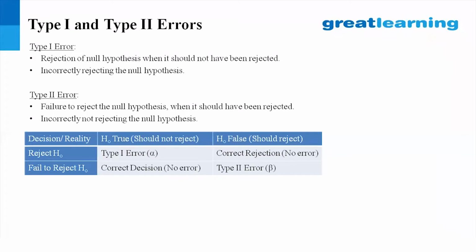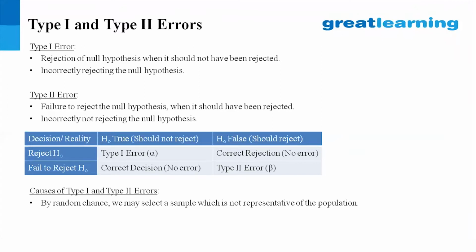Now there are some reasons on why these errors occur. First is because you're doing random sampling, so sometimes it is possible that you selected a sample which is not representative of the population. So your population mean and your sample mean are varying to a significant amount. So your sample is not actually representative of your population.